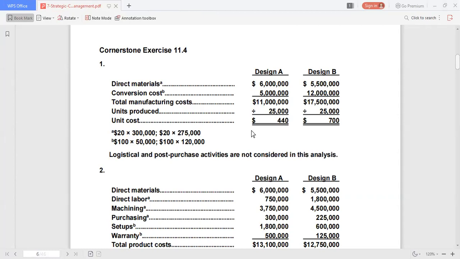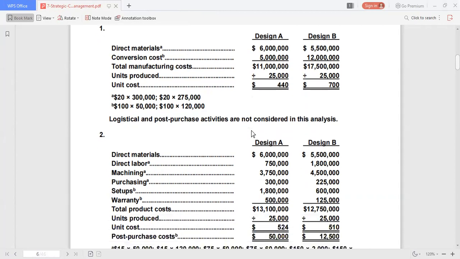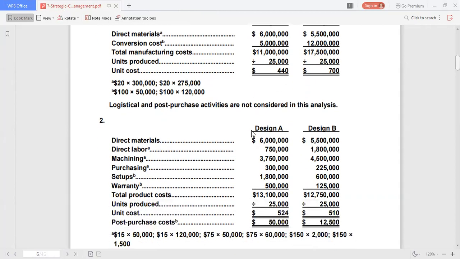So we have your direct labor taken by multiplying 15 by the number of labor hours of 50,000 for design A and 120,000 hours for design B.